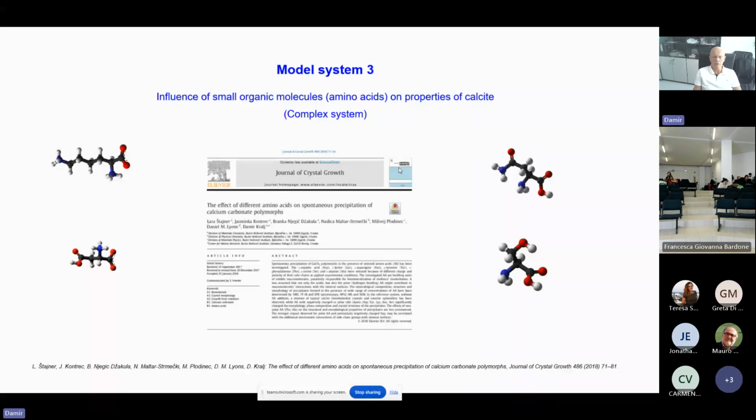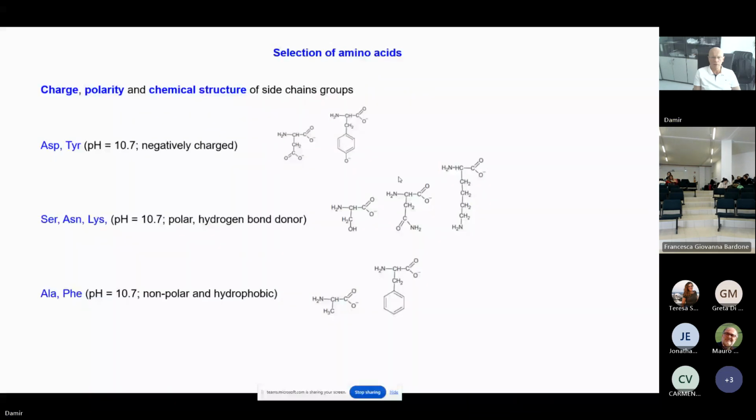We investigated these additives in a complex system that was additionally increased by the addition of organic matter. The first step in this research was the selection of representative amino acids.